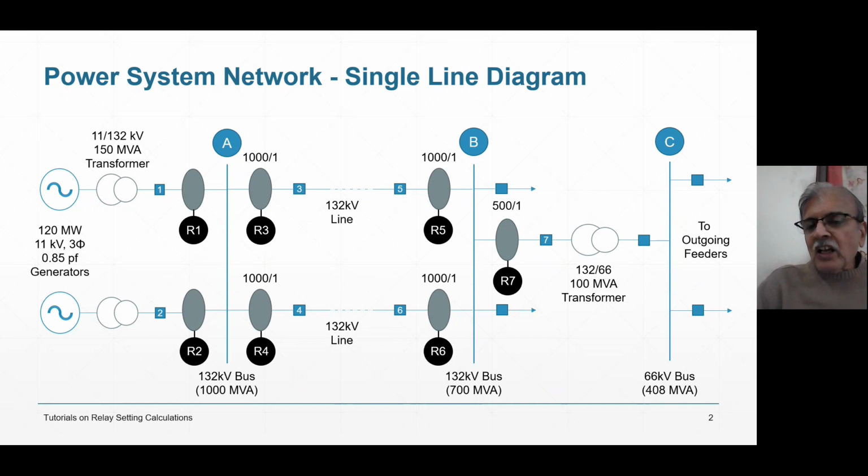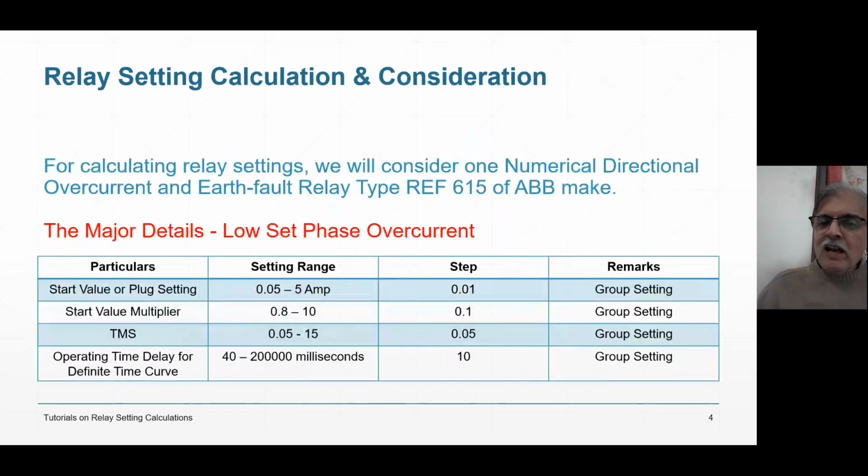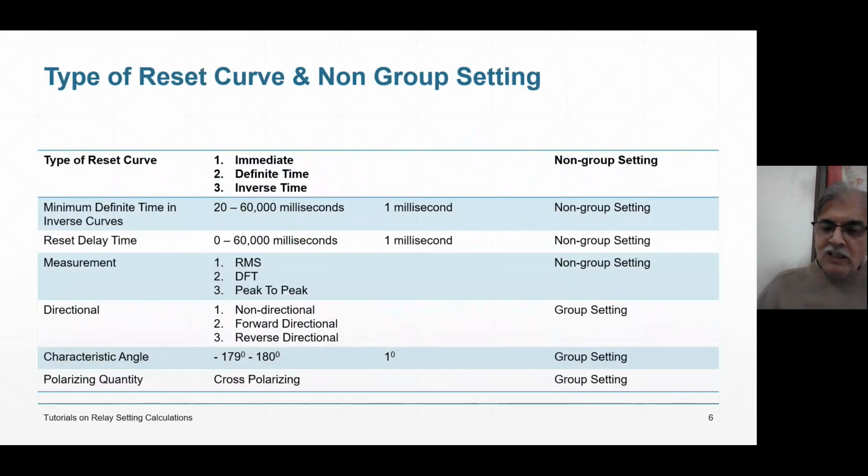While energizing a transformer, the worst magnetizing current will be 10 times. So my R7 setting should be more than 10 times. But I am using that multiplier, start value multiplier application. Therefore, you can see what I have done.